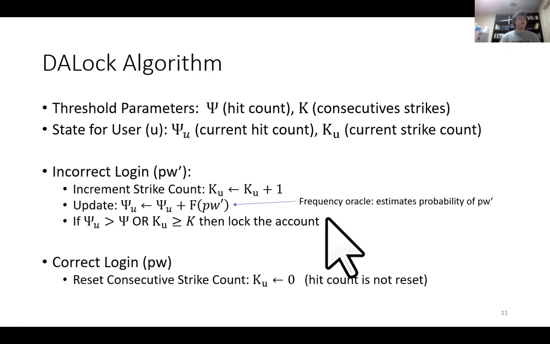Finally, on an incorrect login, if either the hit count threshold or the consecutive strike count threshold has exceeded their given thresholds, then we'll lock down the account. When the login attempt is correct, we will reset the consecutive strike count parameter. However, the hit count parameter is not reset.